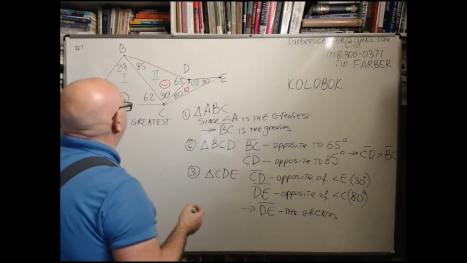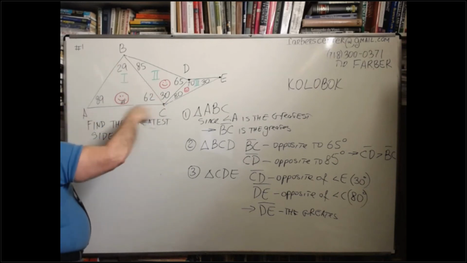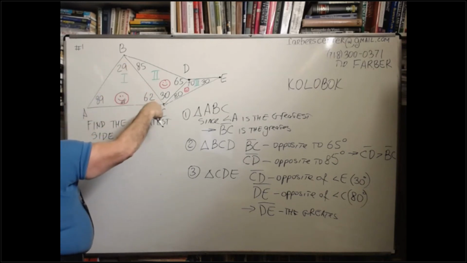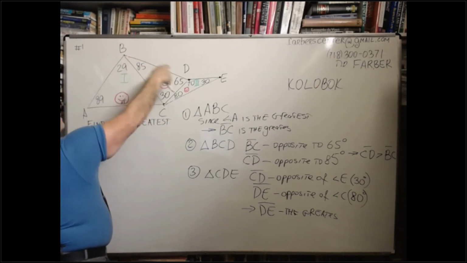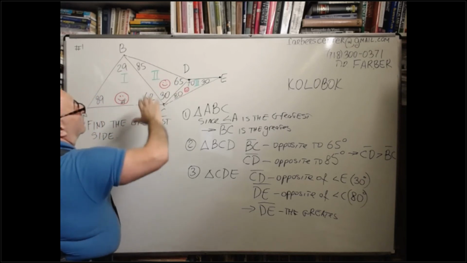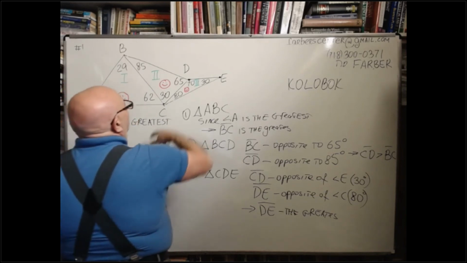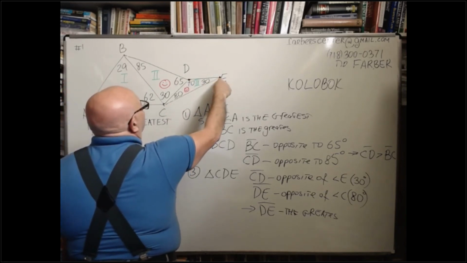It's like you compare three different people every time. Among this, this is the biggest. But among this, this is the biggest. And you get rid of the smaller one. And among these, this is the greatest.